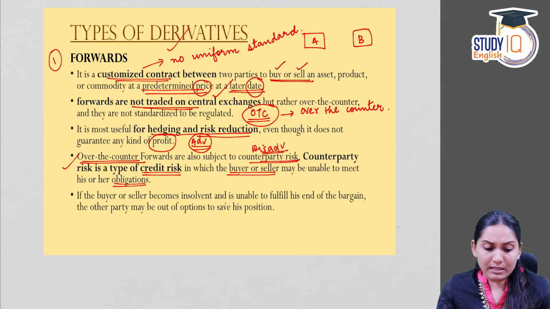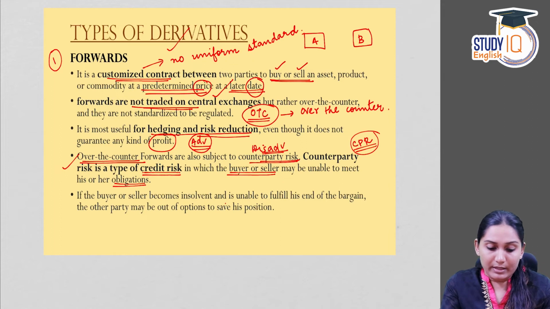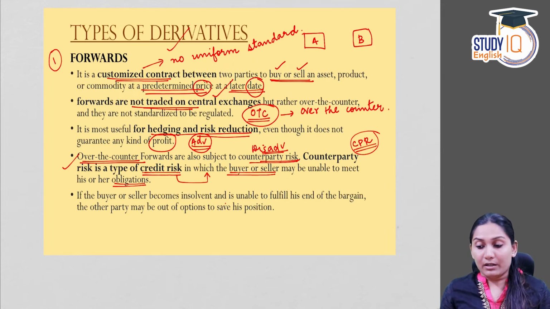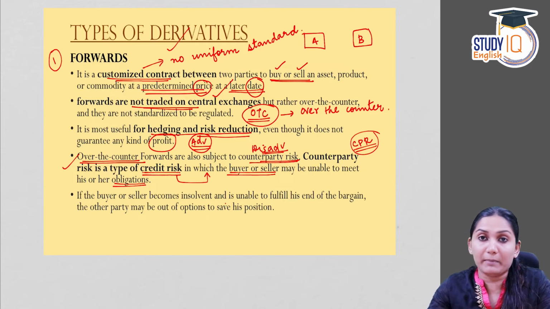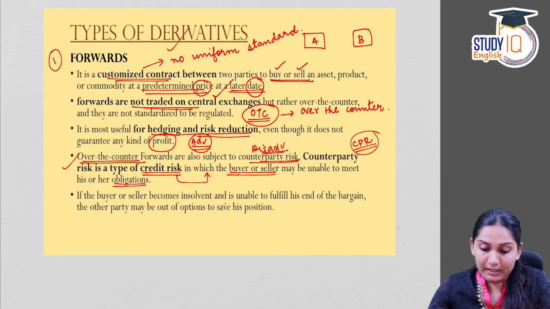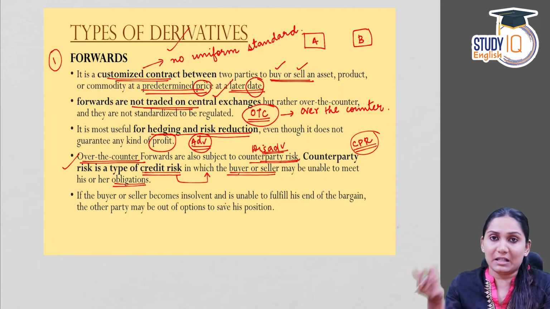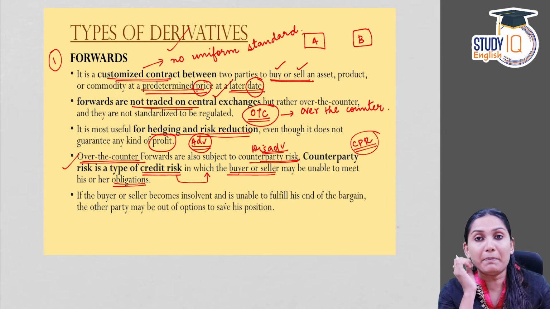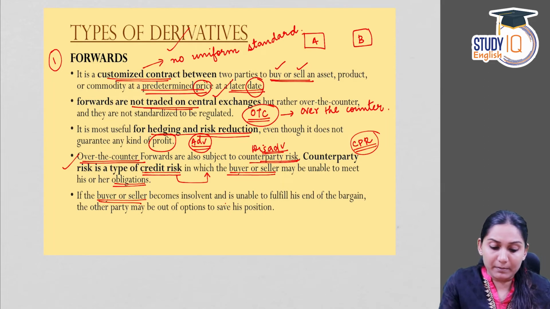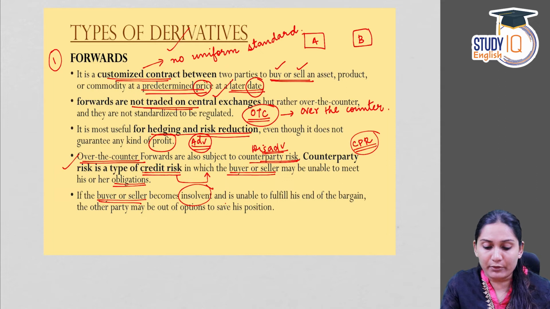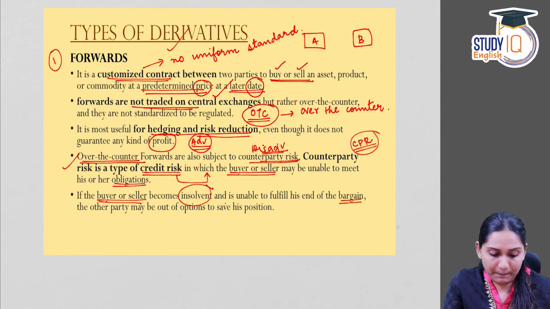Counterparty means the other party. If one party is not able to meet the obligation to buy or sell, for example if the buyer or the seller becomes insolvent and is unable to fulfill his end of the bargain, the other party may be out of options to save his position.